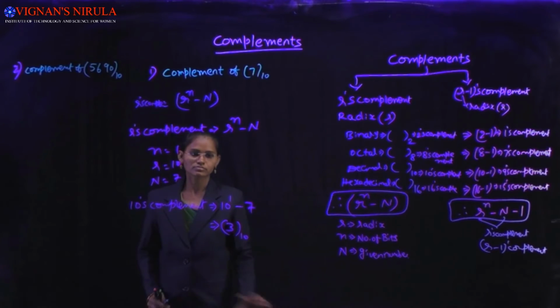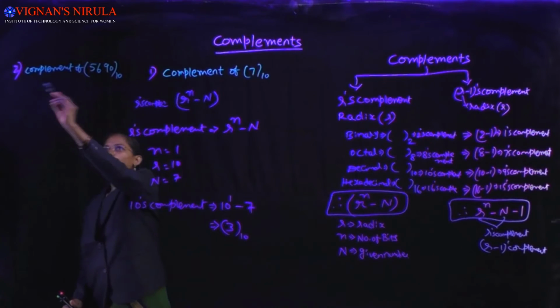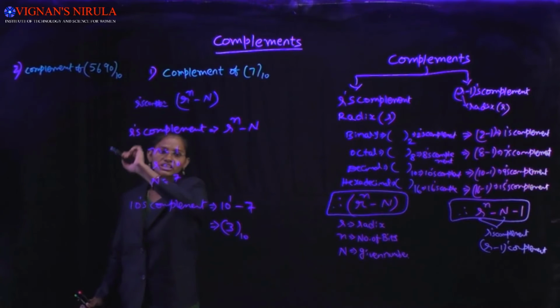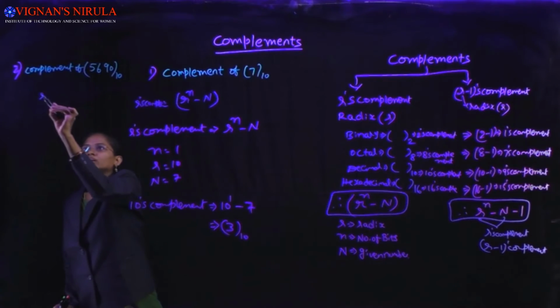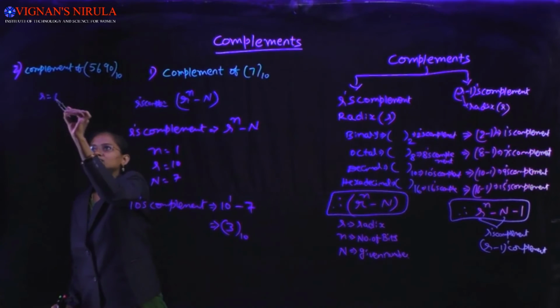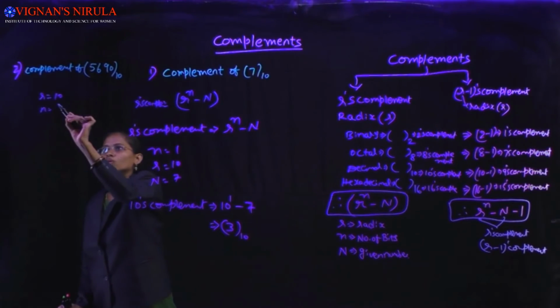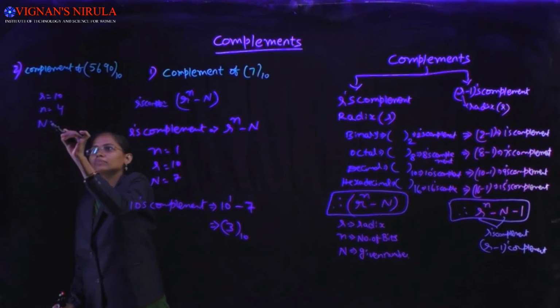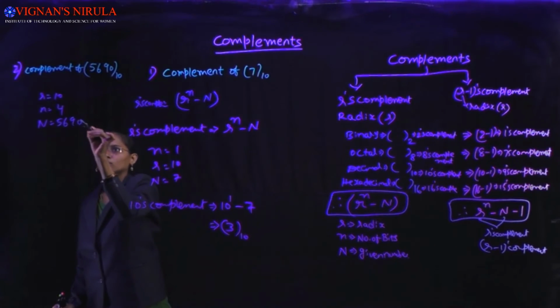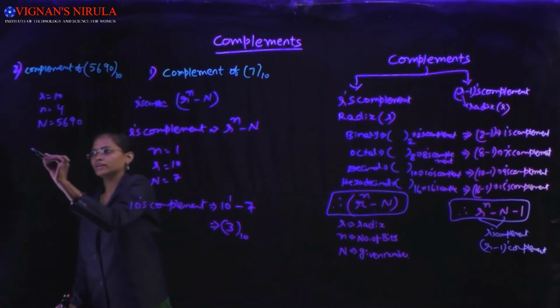And next problem is complement of 5690. This is the tens complement. Here small r, the radix, is 10, and small n, the number of bits, is 4, and the given number is capital N, 5690. This is also R's complement. What is the formula?